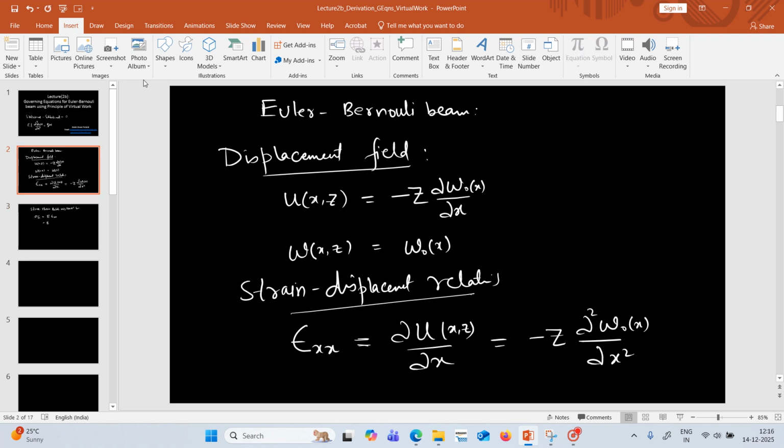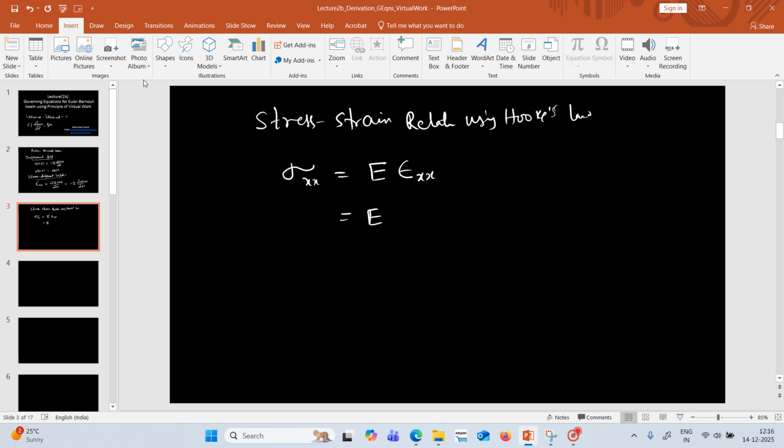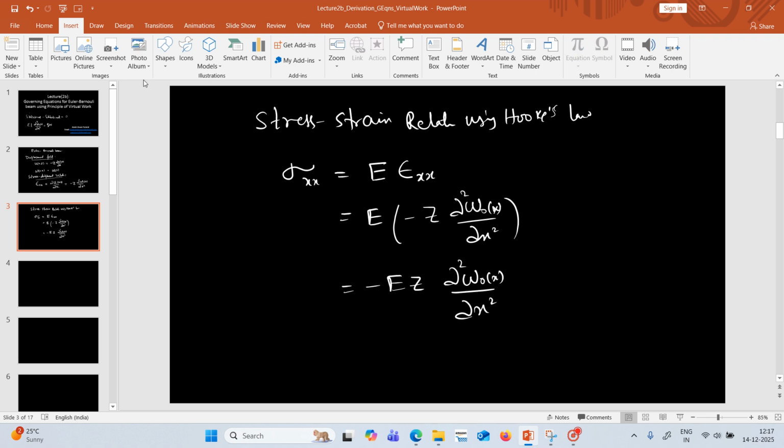Epsilon xx is minus z times del 2 w naught of x by del x square. So finally we have minus E z del 2 w naught of x by del x square. This is our sigma xx.